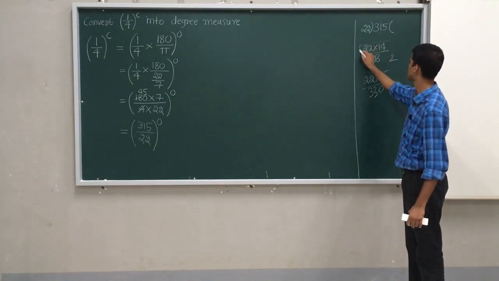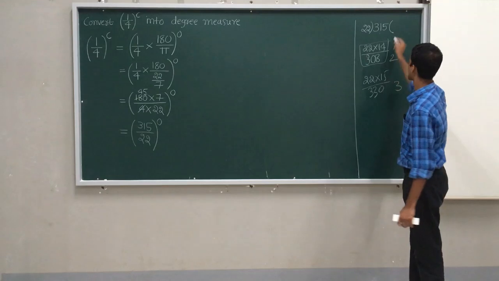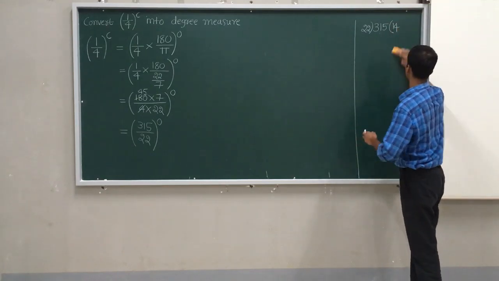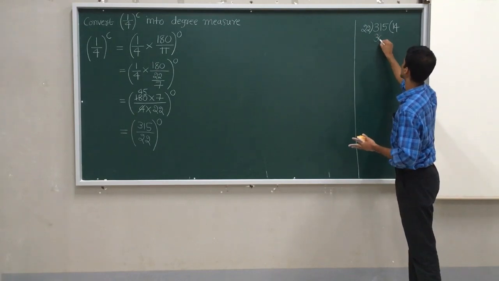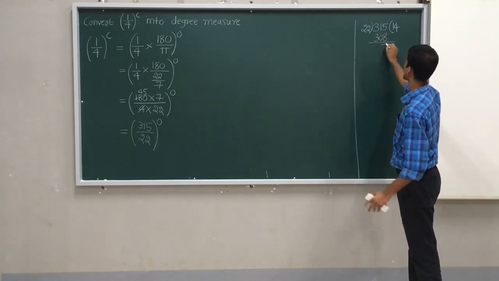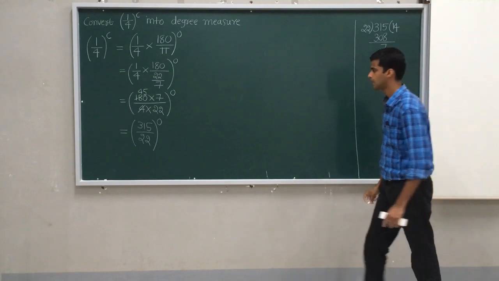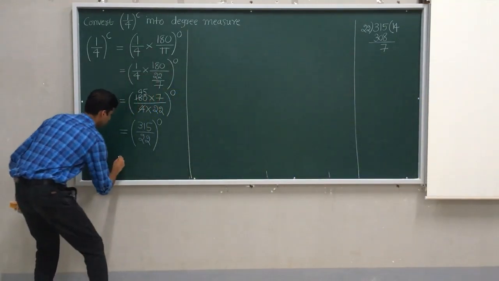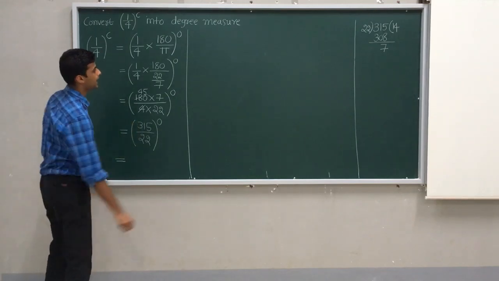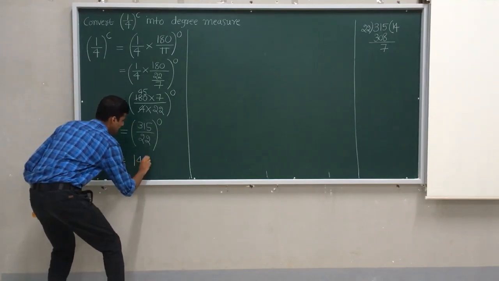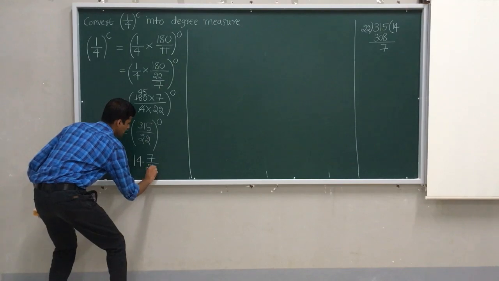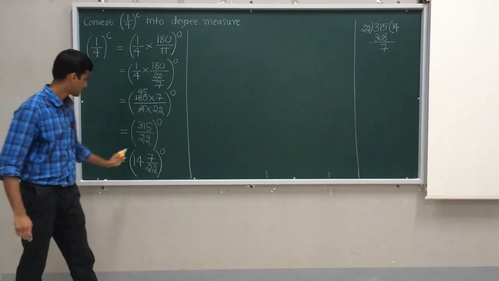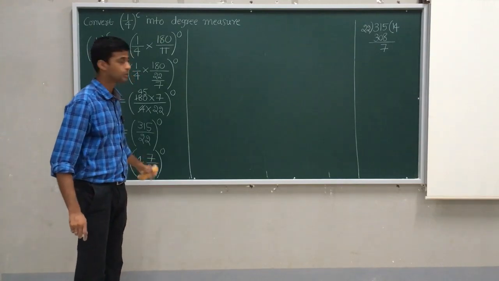So 14 is better for me. 22 fourteens are 308, which means 7 left. So I can write 315 by 22 as 14 and 7 by 22 degrees.